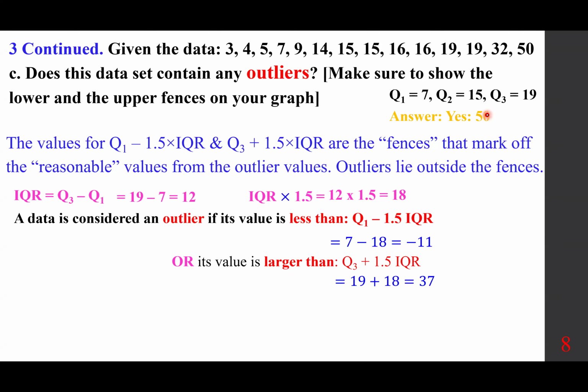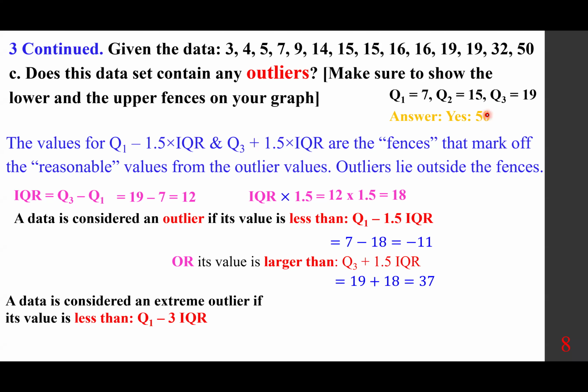Now, I want to add that a data point is considered an extreme outlier if its value is less than Q sub 1 minus 3 times IQR. Instead of 1.5, instead of 18, we use 36. So 7 minus 36 or minus 29.